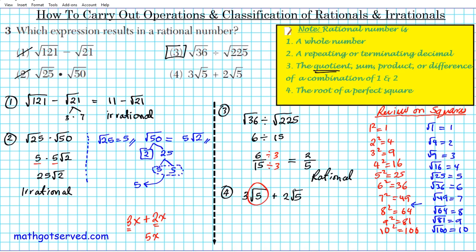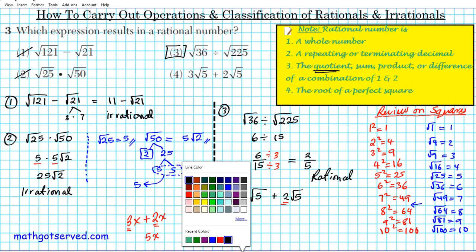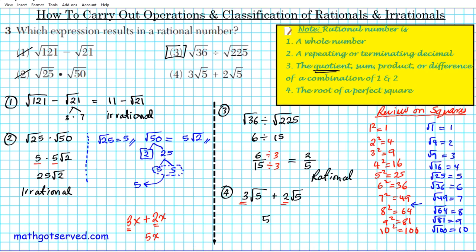Look at the radicals as x's. So 3 root 5 plus 2 root 5, what you're actually adding is just the 3 and the 2. When you add 3 and 2 together, you get 5, and then you just add the root 5 component to it. 5 root 5.